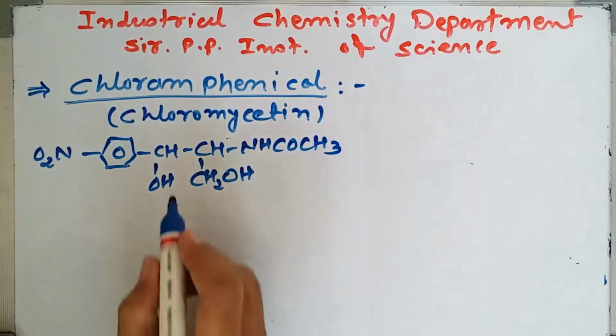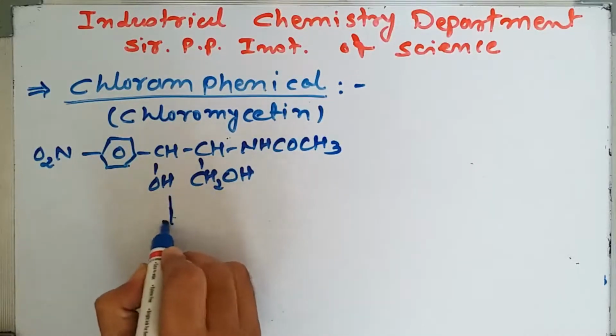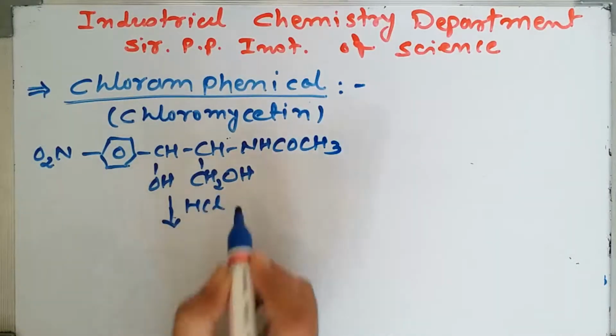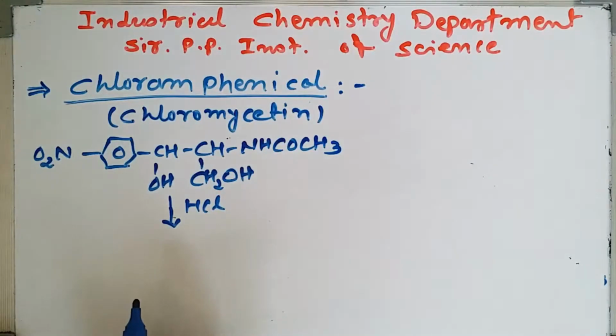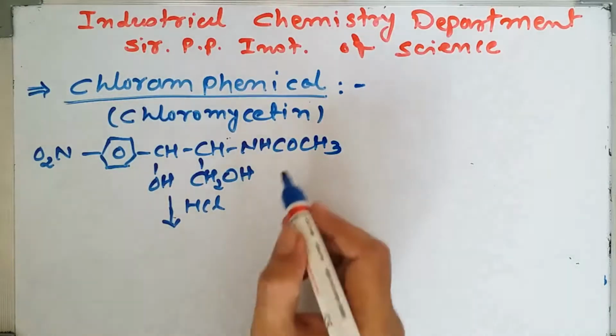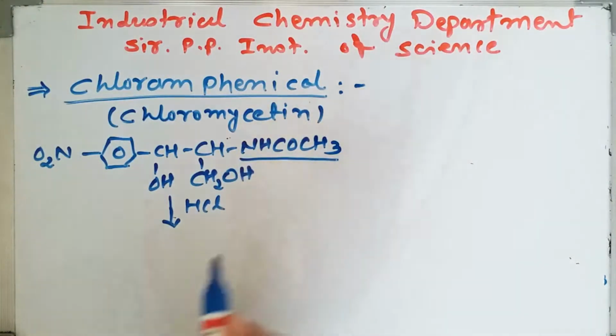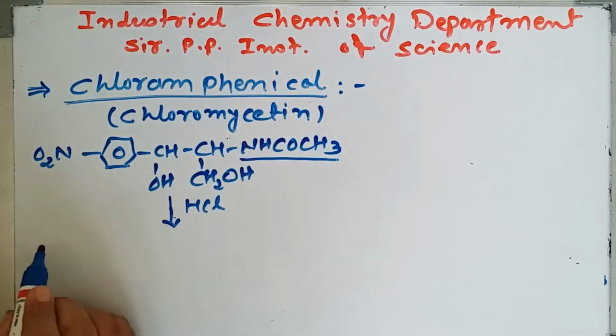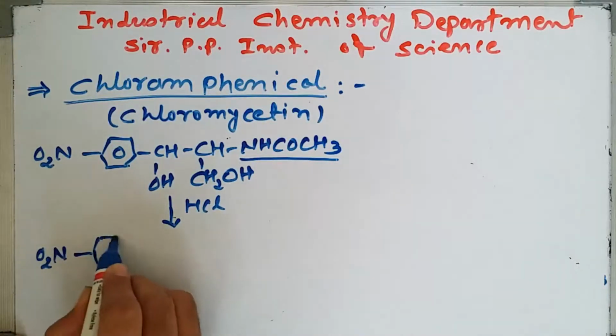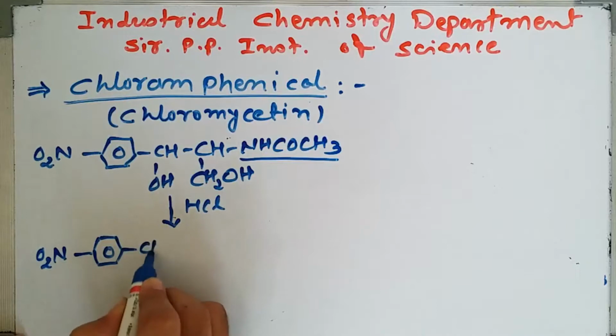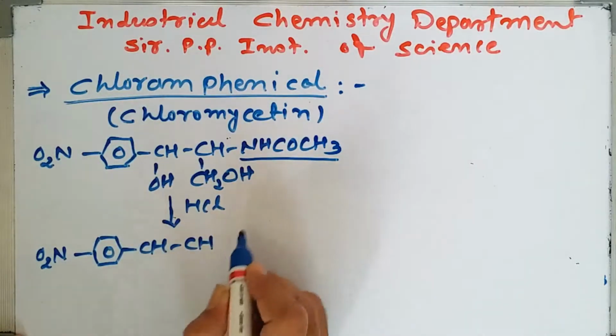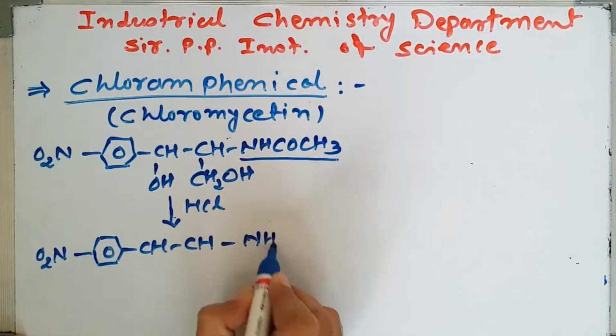Now this is treated with HCl. Partial hydrolysis is introduced. So this NHCOCH3 is converted into NH2. So we get NO2, CH, NH2.